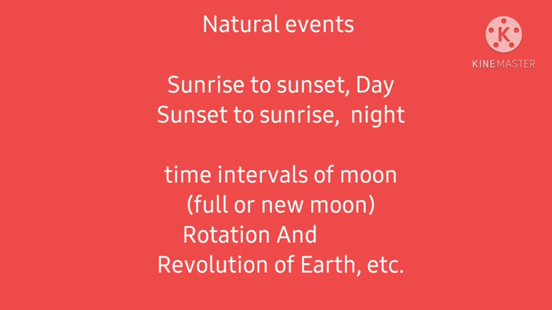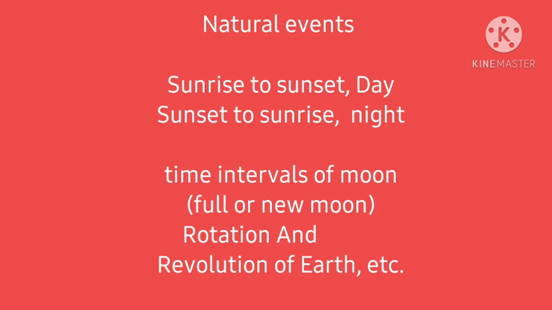In ancient times, people took help of natural events to measure time, since they occur at regular intervals. For example, the time interval between one sunrise and the next is called one day. The time period from sunset to sunrise is called night. Similarly, the time interval between one new moon and the next is called one month.